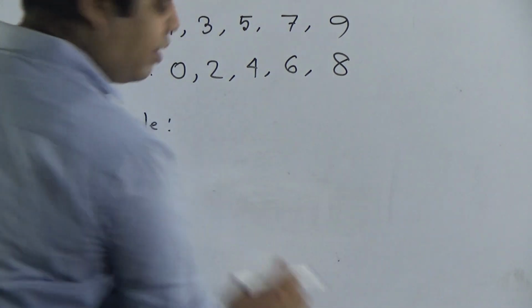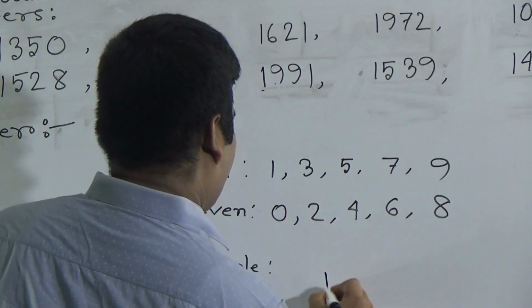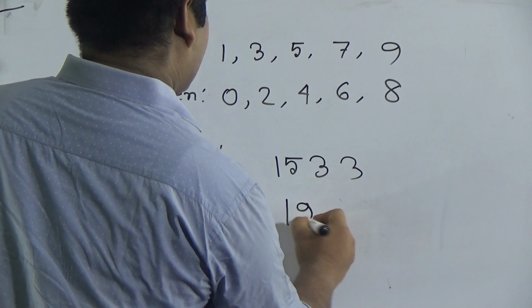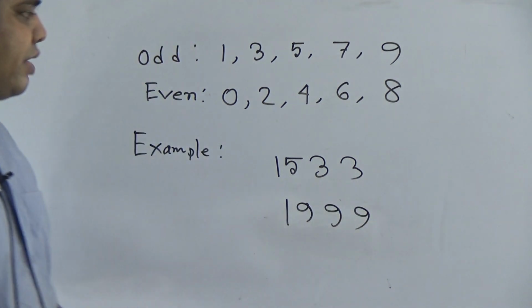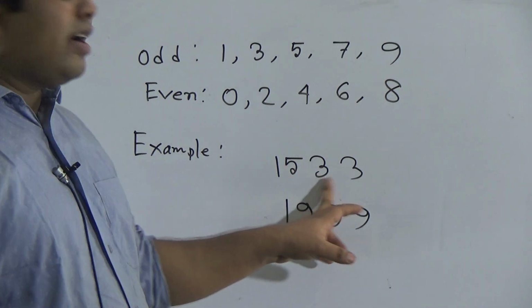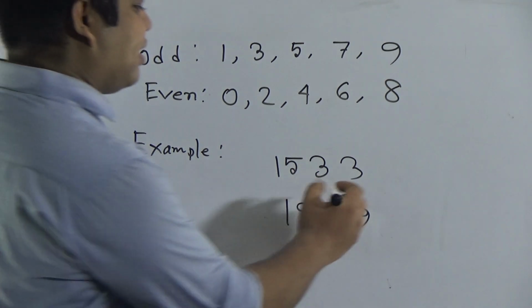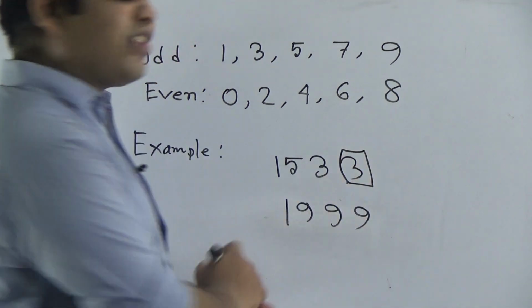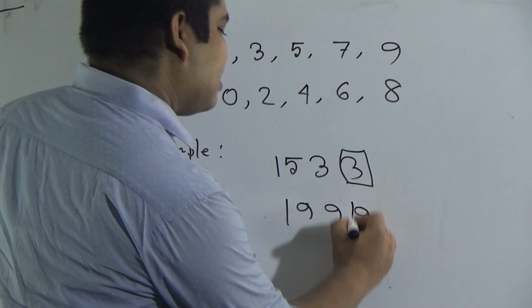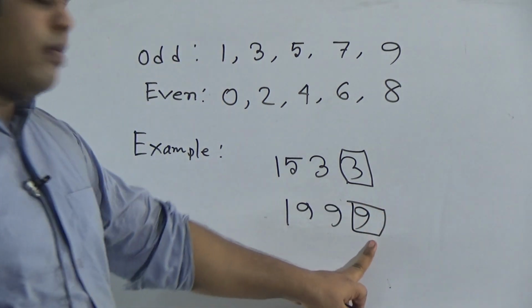Next we shall learn how to check odd number. 1533, 1999. My dear students, notice here 1533 and last digit, that means ones place number is 3, and here 1999, here last digit, that means ones place number is 9.